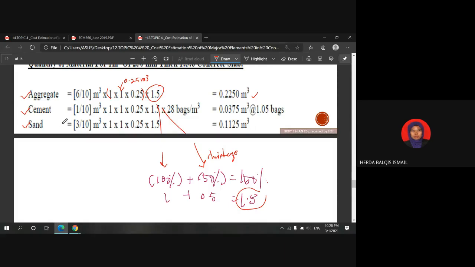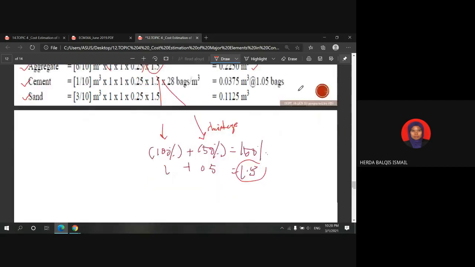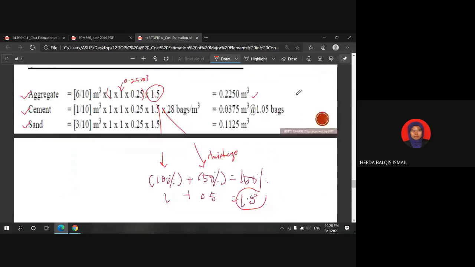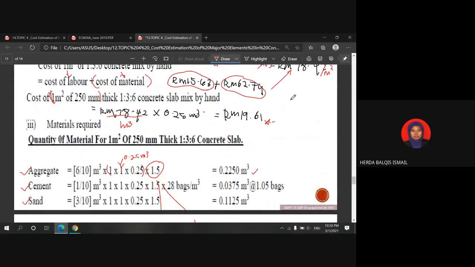For cement, you get the volume in cubic meter that you can convert into bags by referring to the constant: 1 cubic meter is equivalent to 28 bags. I think we have completed answering all these 3 questions in this example.